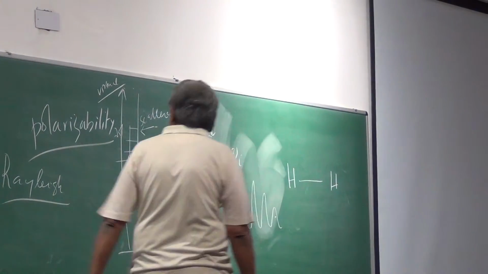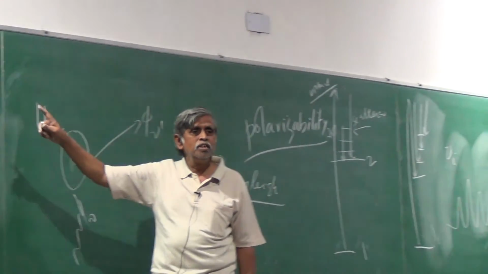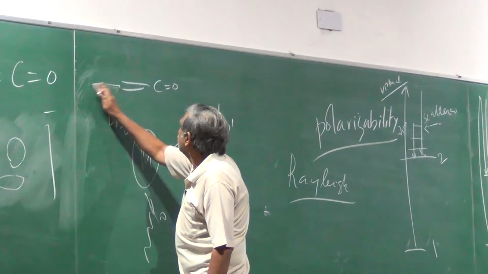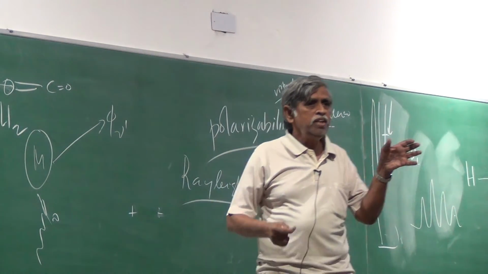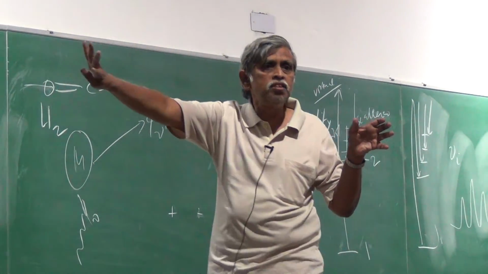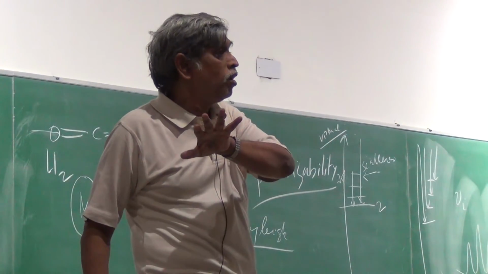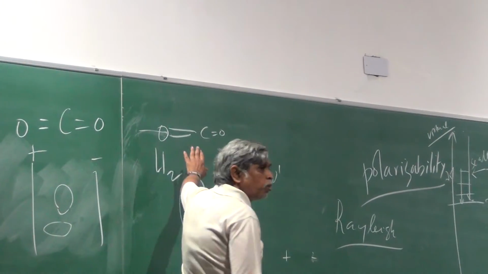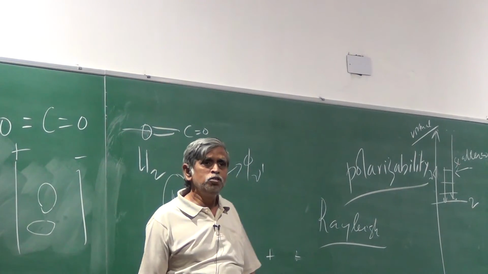Now go to the antisymmetric stretch. What happens to the antisymmetric stretch? While one bond length has decreased, the other length has increased. So what has happened to the polarizability of one bond? This bond has actually increased its polarizability, while this bond has actually reduced its polarizability.